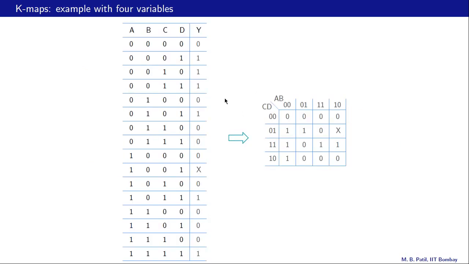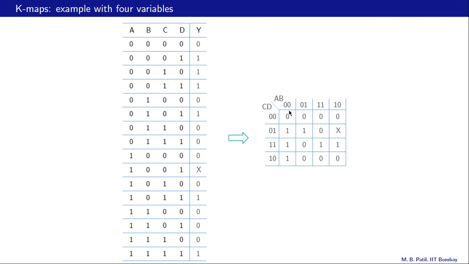Here is a K map with 4 variables. So y is a function of A, B, C, and D, and here is the associated K map. Let us see how this works. These values 0, 0, 0, 1, 1, 1, etc. correspond to A and B. These values correspond to C and D. And as we go from one column to the next, we notice, as we mentioned earlier, that there is only one change.